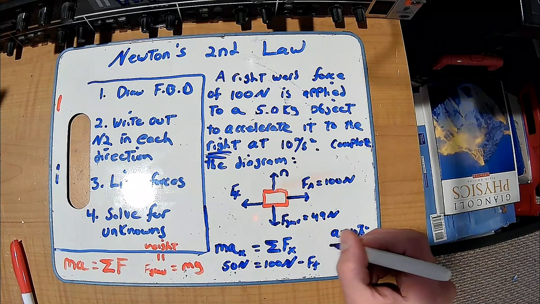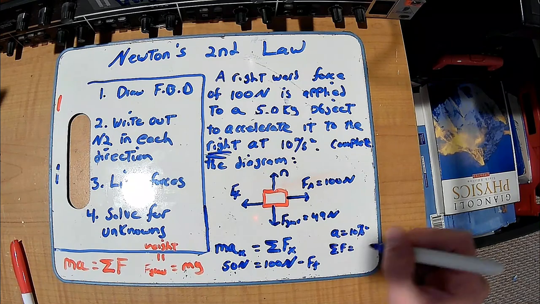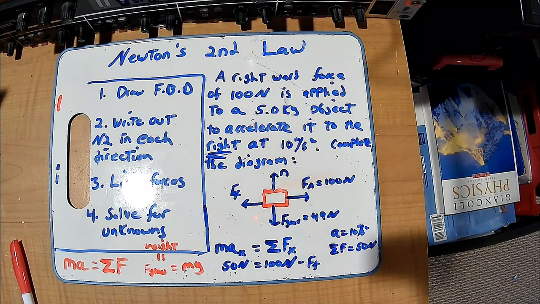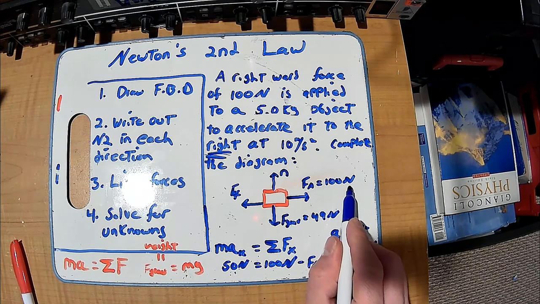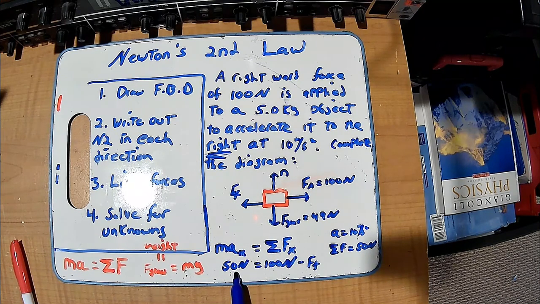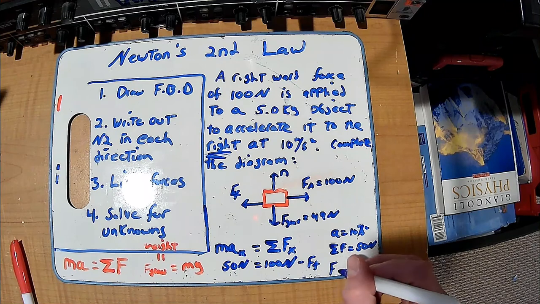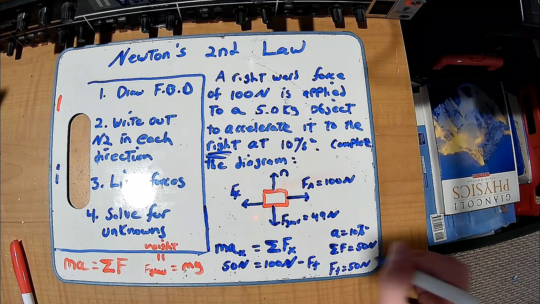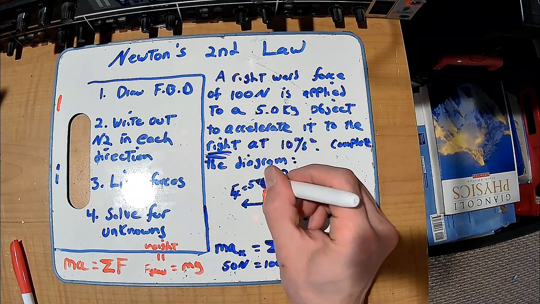So if I have a question of what's the net force, it's 50 newtons. Okay? Now, the last step. Let's find what this frictional force is. I think you could figure it out pretty easily, even without a calculator. We have 100 newtons to the right. We have some unknown amount of force to the left, but the two of them combine to give us 50 newtons. So that tells me, well, that friction force must be 50. And I can put that here.